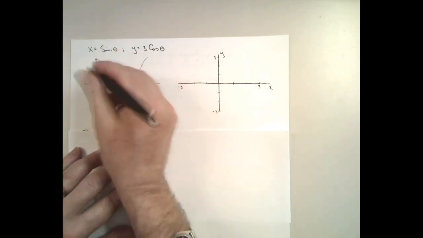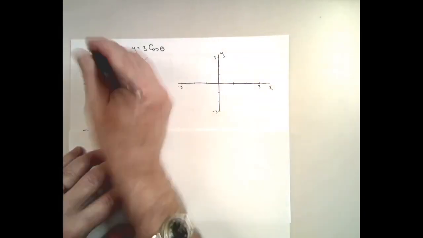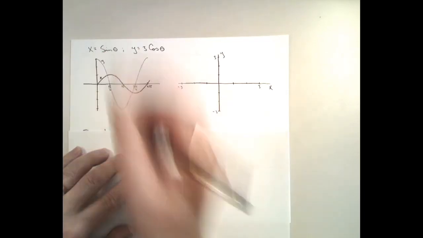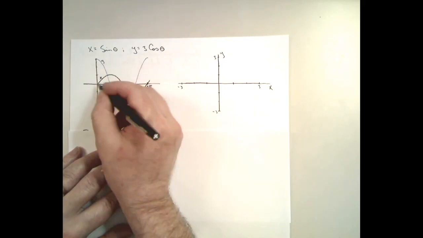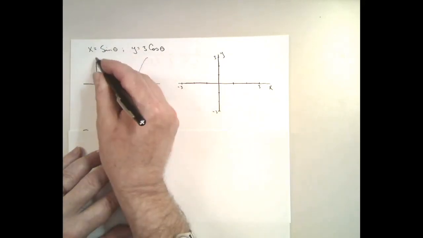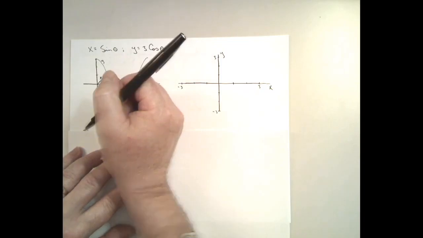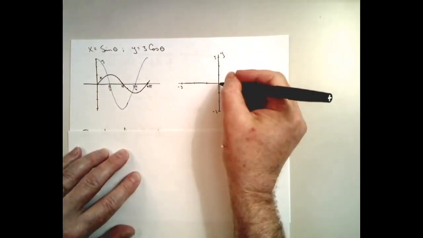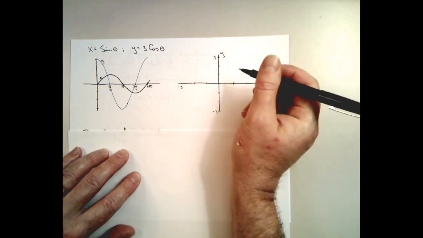This is our x, this is our y. A good starting point would be whenever x is 0 and y is 3. Here we go, x is 0, y is 3, so this is going to be a point on our graph.